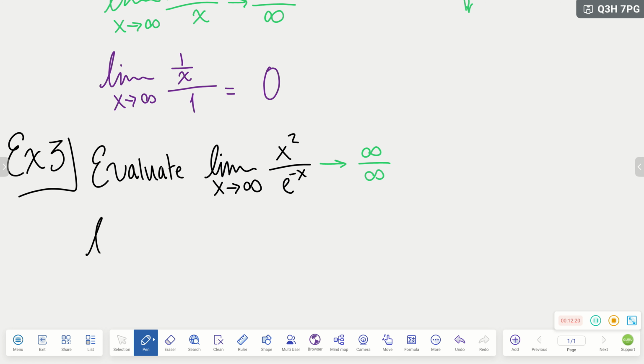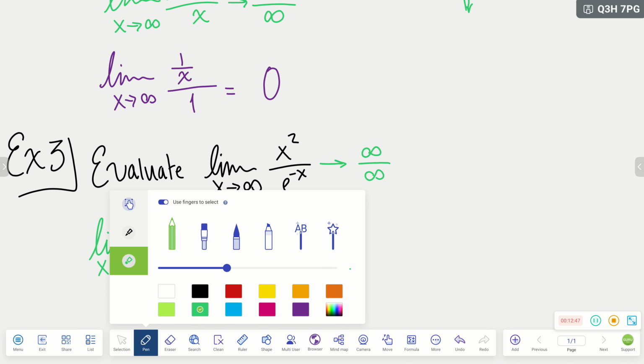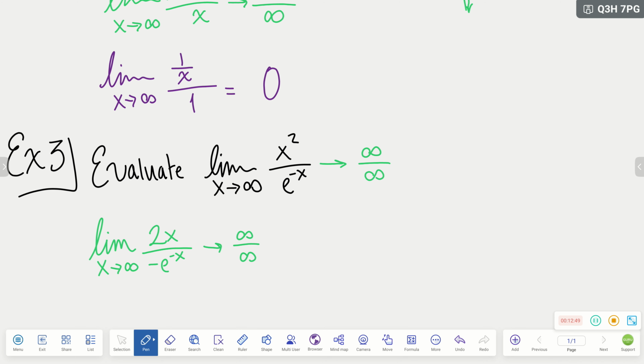So I'm going to take the derivative and I get the limit as x approaches infinity. The derivative of x squared is 2x. The derivative of e to the negative x is negative e to the negative x. Okay, well, unfortunately, that still gives me infinity over infinity. So what are we going to do now? We're going to perform L'Hopital's rule again.